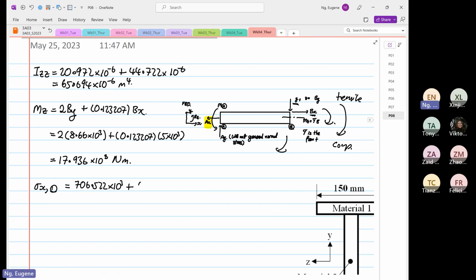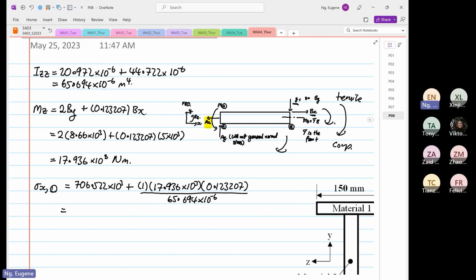So N is 1. The moment is 17.936 times 10 to the power 3. The distance is 0.123207. Okay, divided by the second moment of area, which is 65.694 times 10 to the power minus 6.